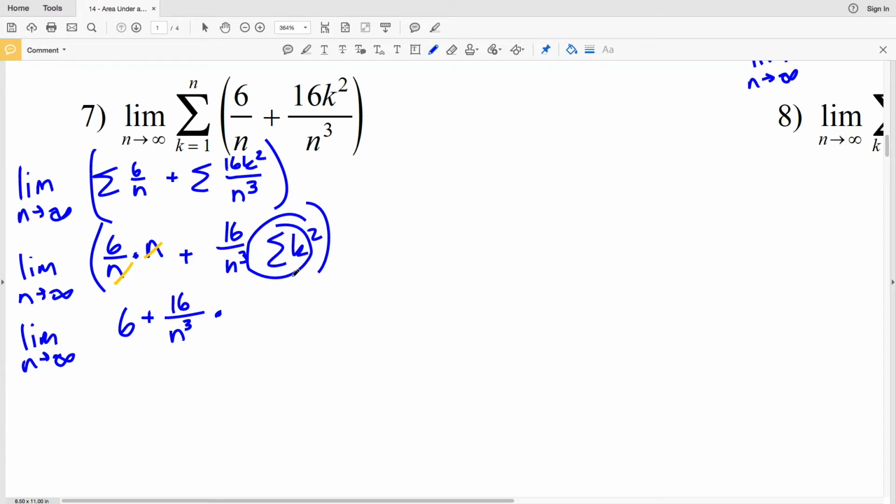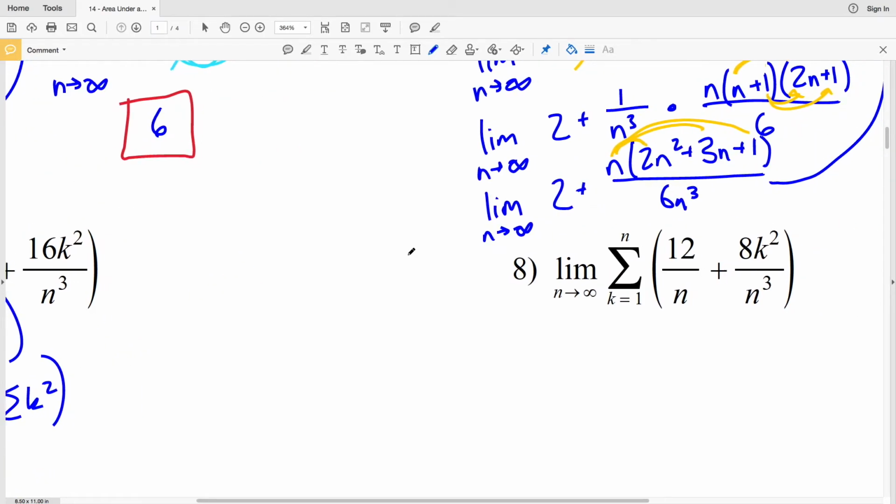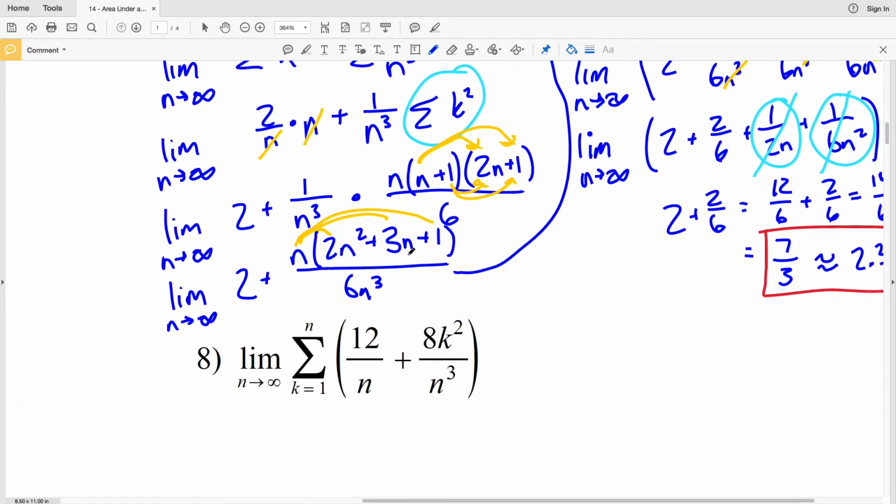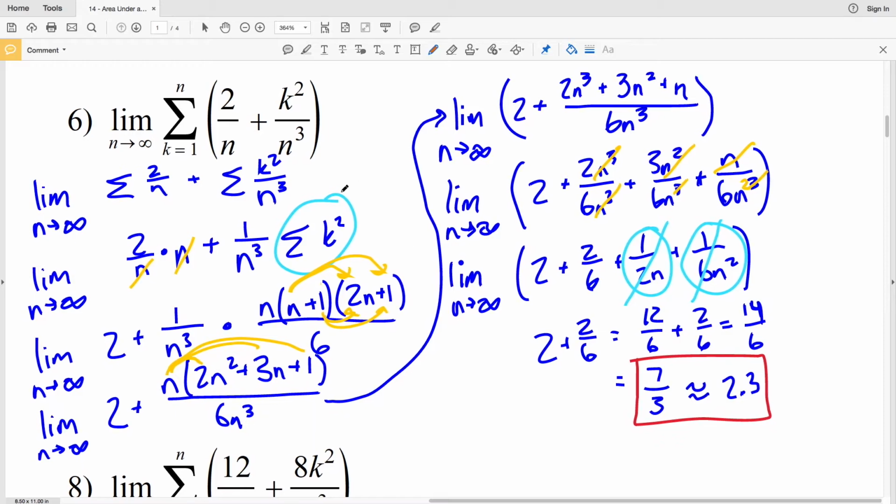However, because this is just the summation of k squared, I'm going to go back up and use the expanded form of that formula, which we worked out in number 6. Here we're looking at the summation of k squared, which here is the formula, and then when we expanded out that numerator, it was 2n cubed plus 3n squared plus n over 6.